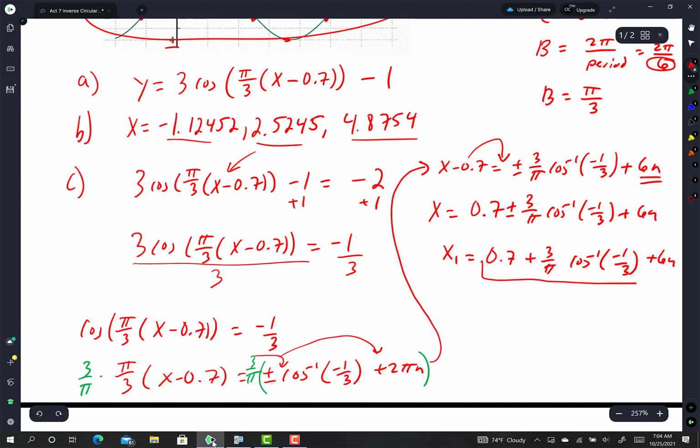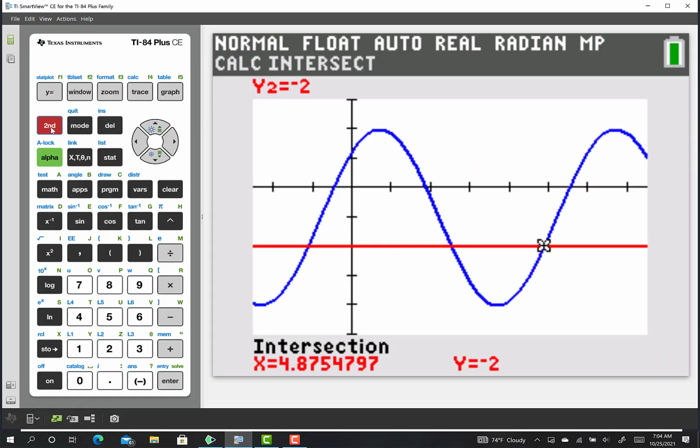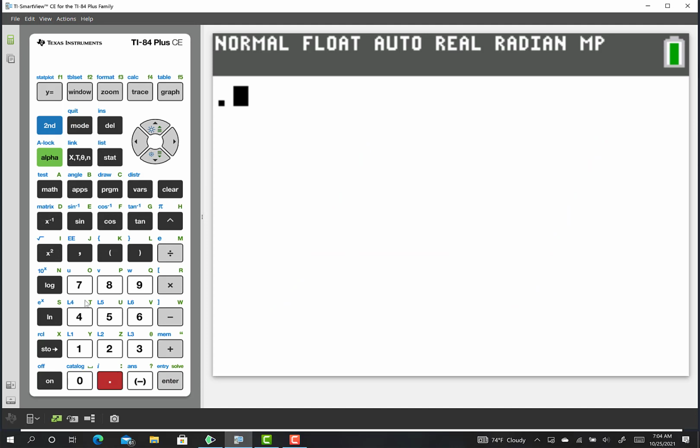And then just type that part in the calculator. x1 equals, so let's see, 0.7, second, quit. 0.7 plus, I'm going to make it look exactly like my paper there. It was 3 over pi, 3 in the top, put a pi there, second pi, arc cosine, so second arc cosine, and I believe it was negative 1/3, yeah.